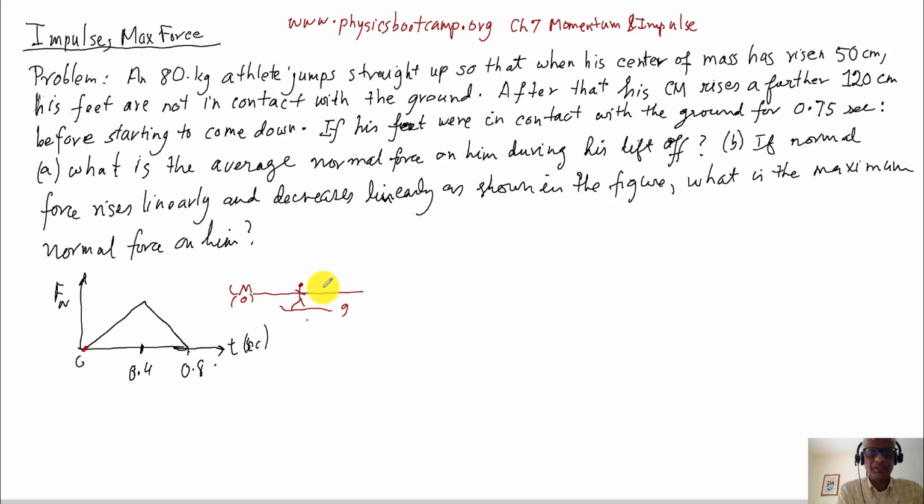As the normal force increases, his center of mass goes up, and maybe he just barely left the ground, and his center of mass is over here, and this is half a meter.